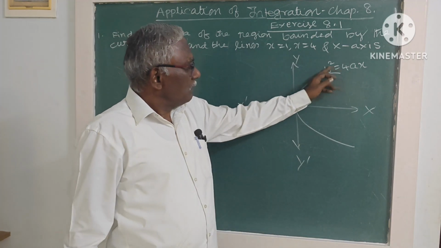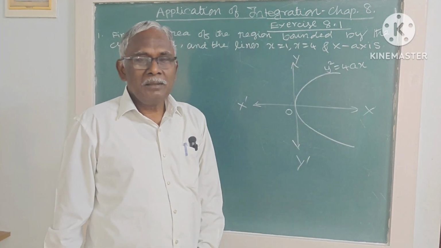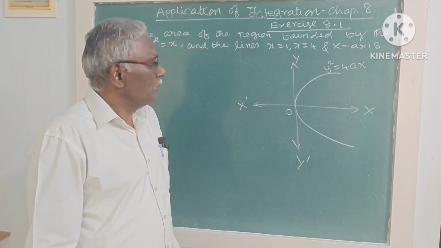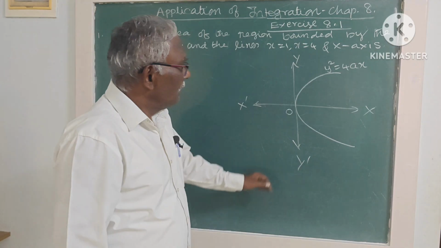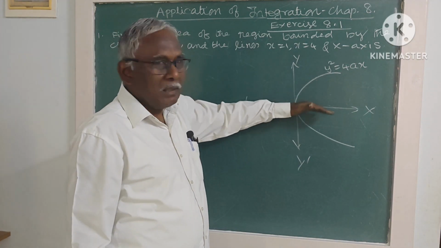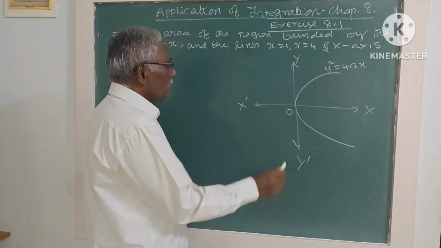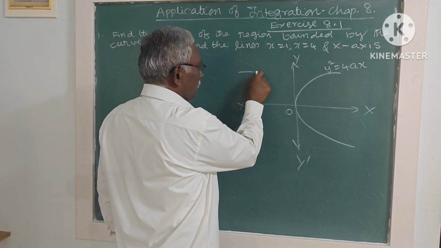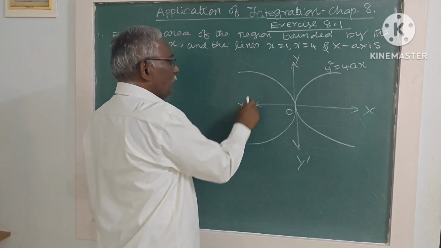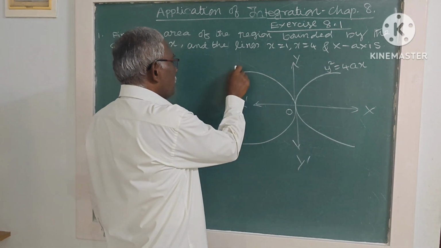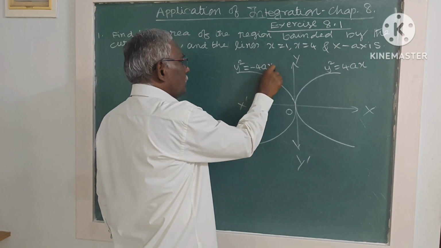The equation of this curve is y square is equal to 4ax, where a is a positive real number, with the vertex at the origin and axis of the parabola along the positive direction of the x-axis. If the parabola is like this, then the equation of this parabola is y square is equal to minus 4ax.